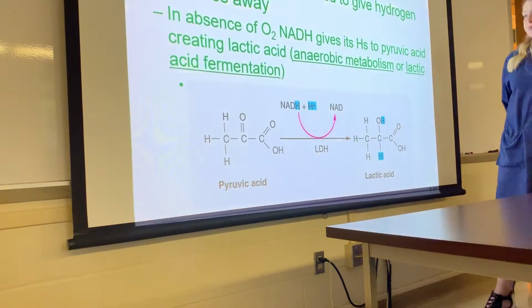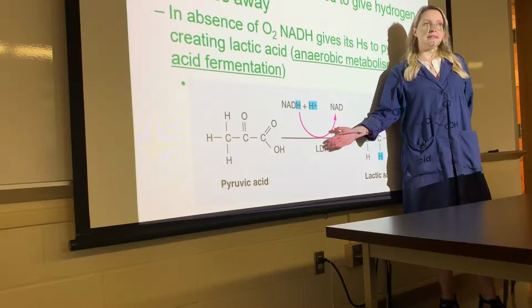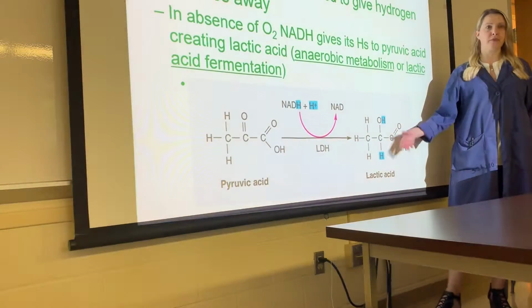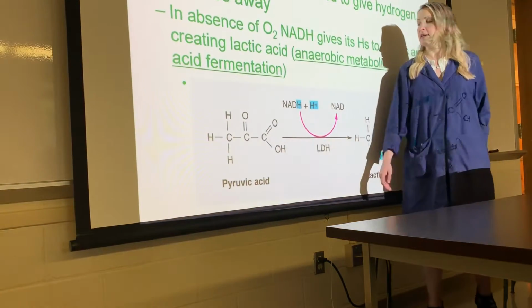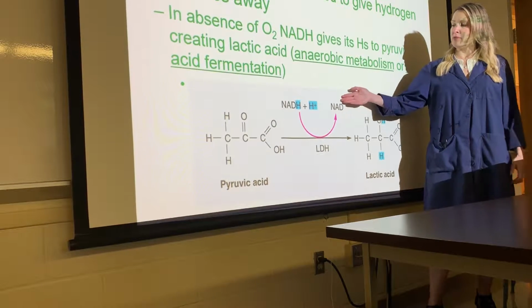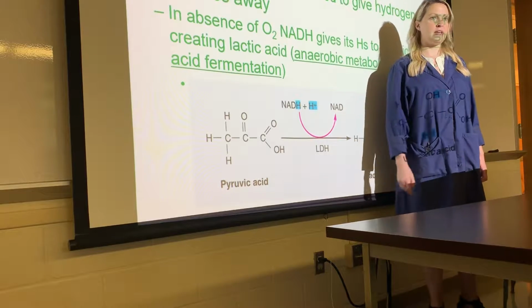But the name lactate dehydrogenase means that we are taking away the hydrogens from the lactic acid to produce pyruvic acid. And of course, where does the hydrogen go? The NAD is going to pick up the hydrogens to form NADH plus H.